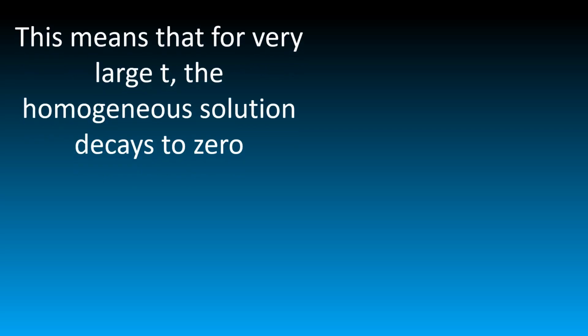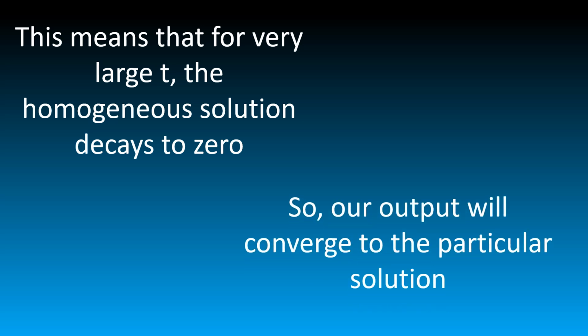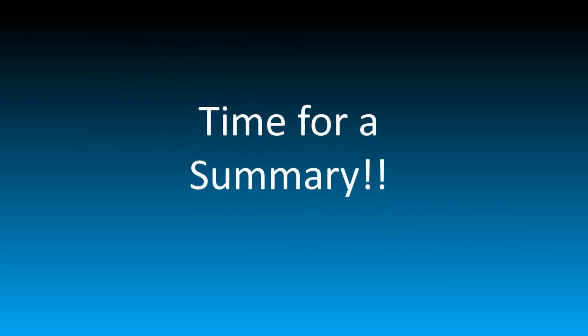So, in summary, this means that for very large t, the homogeneous solution decays to zero. So, our output will converge to the particular solution at steady state. Time for a summary. So, right here, this diagram explains what I have talked about so far.